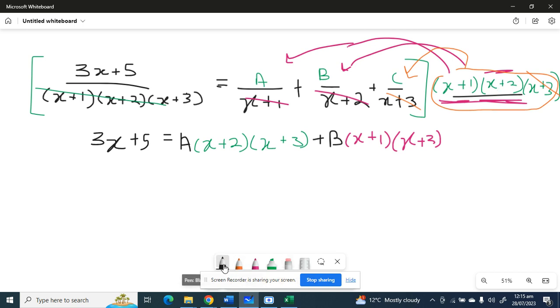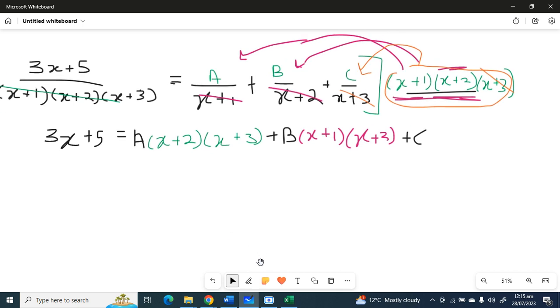So we're going to say plus c, open brackets, x plus 1, x plus 2.